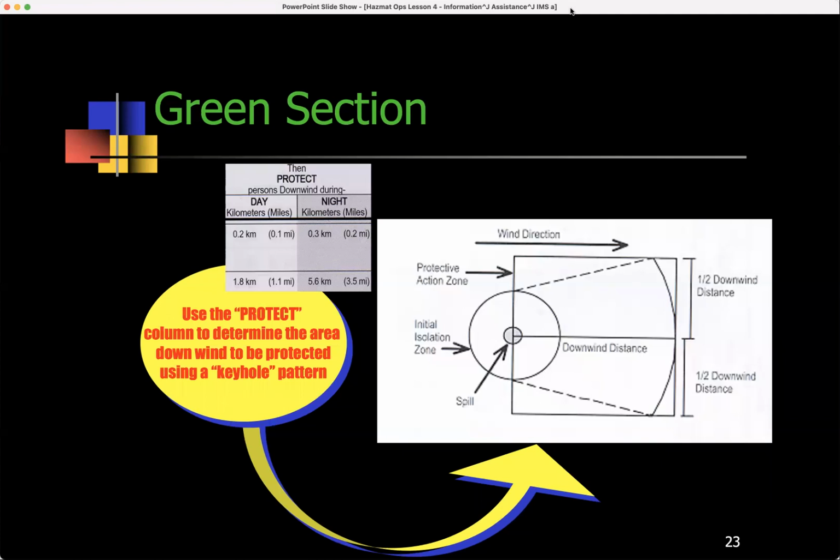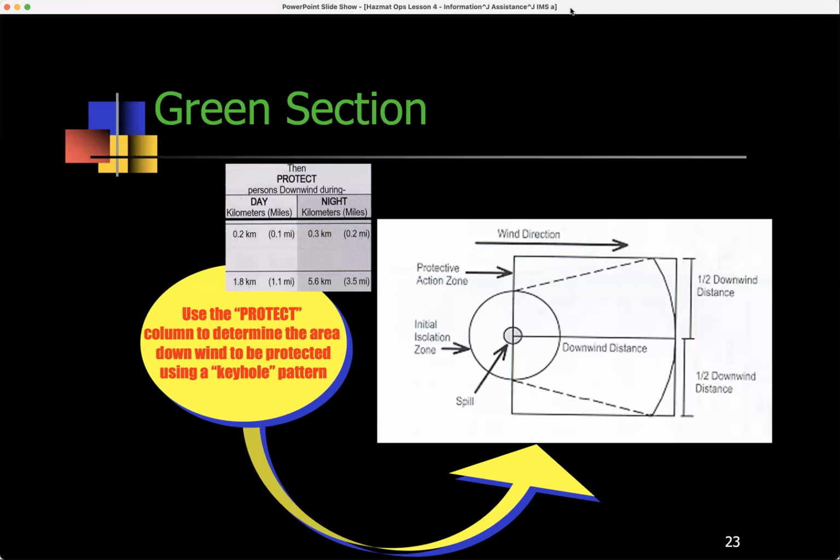For the example, during the day it's 0.1 miles. So from the point of the spill, you go downwind 0.1 miles, and then you go left or right of that, in this case 0.05 miles. And that is how wide your protective action zone is.